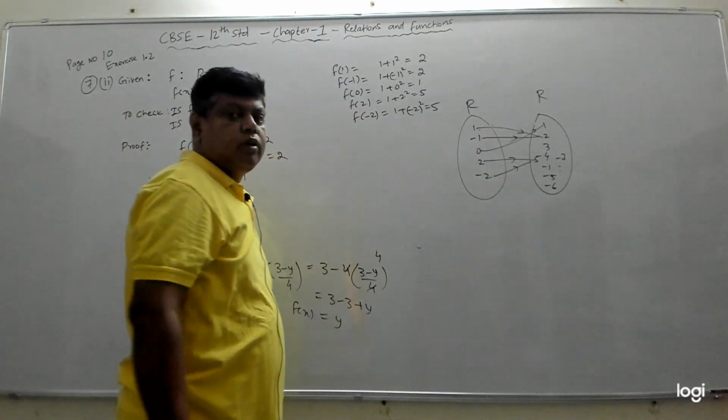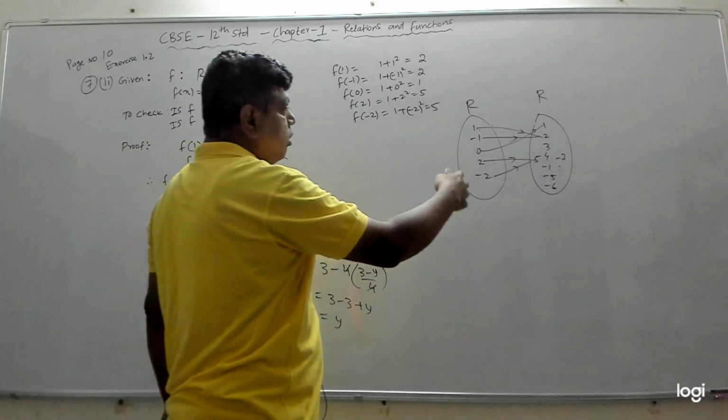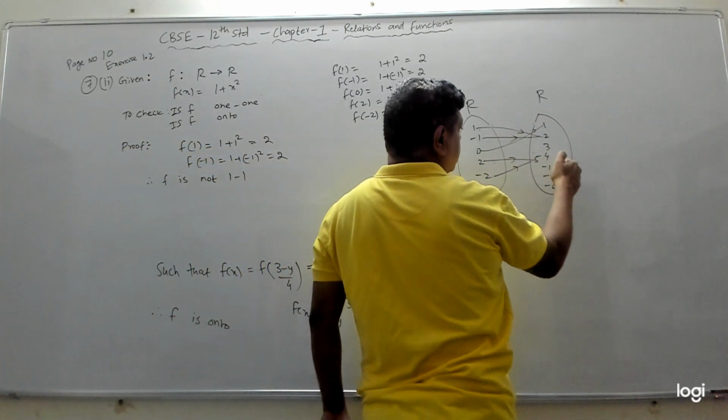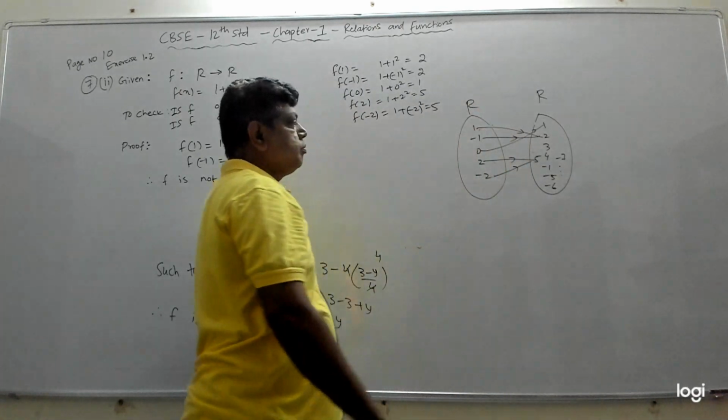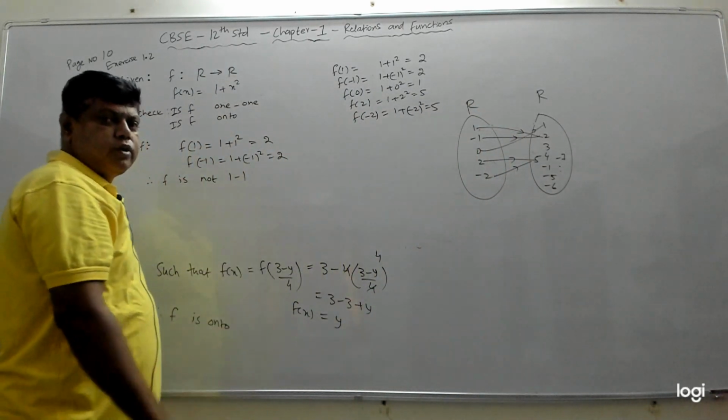So therefore, f is not onto, because there are many numbers like that which are not the image of any number here. Even if you find one number, it is enough to show that it is not onto.